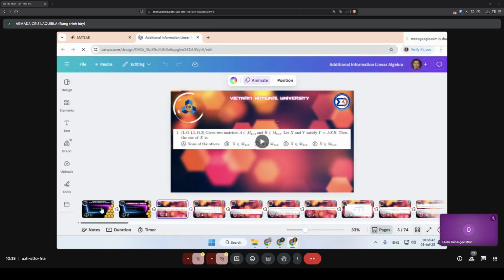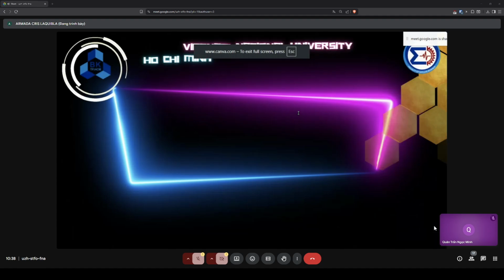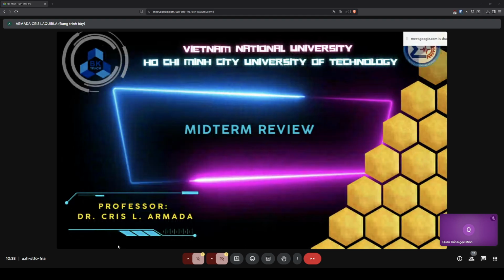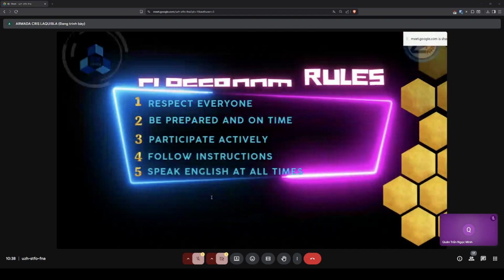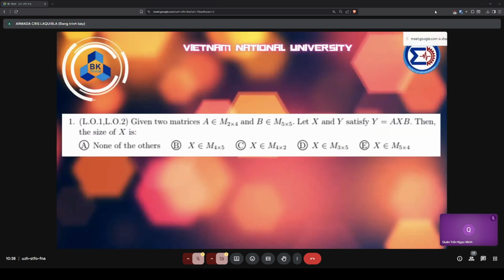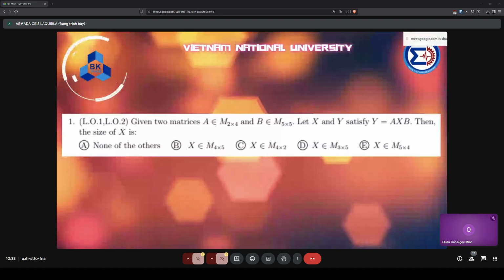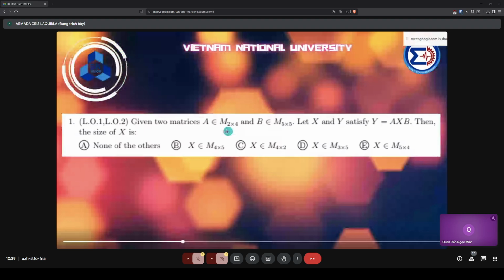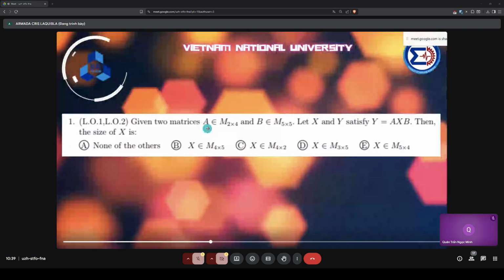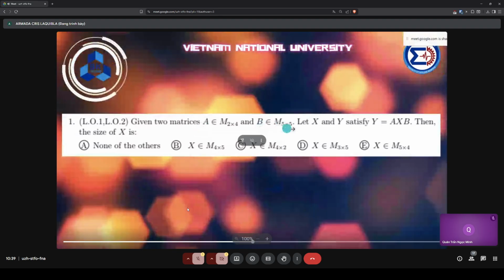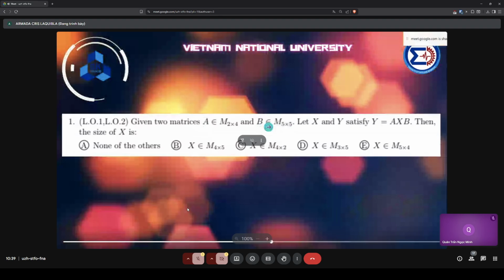Okay? You have there the midterm review. So question number one. Given two matrices A, an element of the set of 2 by 4 matrices, it means, class, that your A here is a 2 by 4 matrix, and B is an element of M 5 by 5. So your B there is a 5 by 5 matrix.